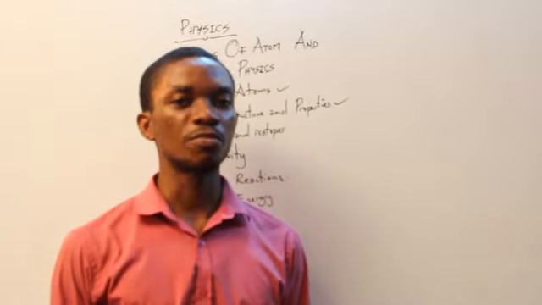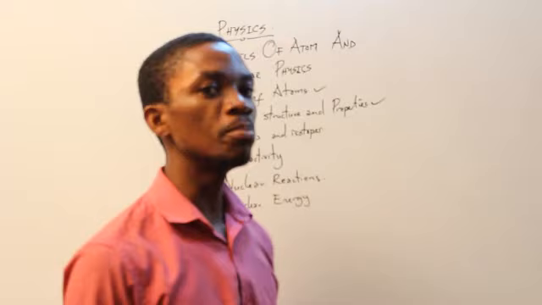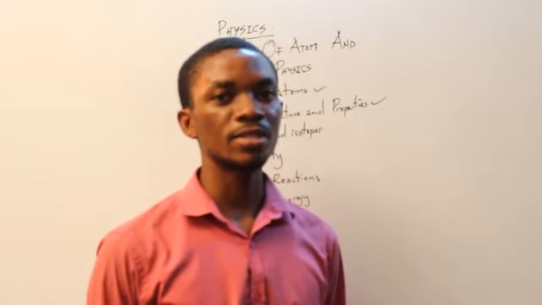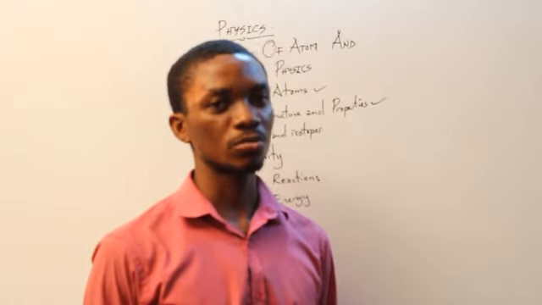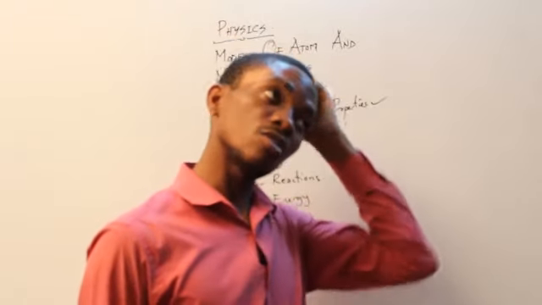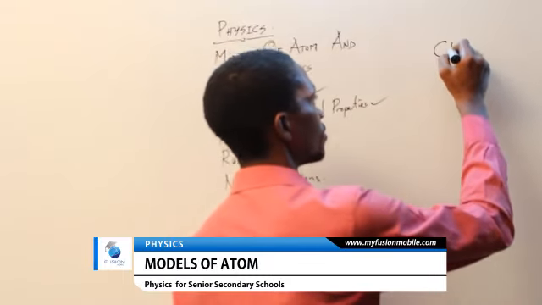They have the same number of protons, but a different number of neutrons. There are very many elements that exist in these isotopic forms. A very good example is chlorine.